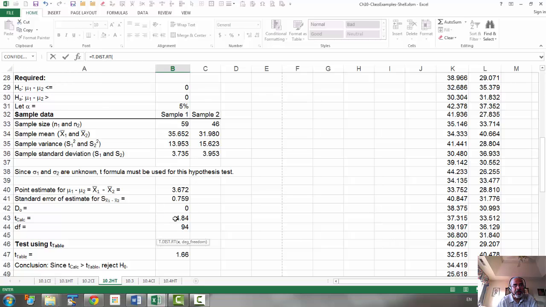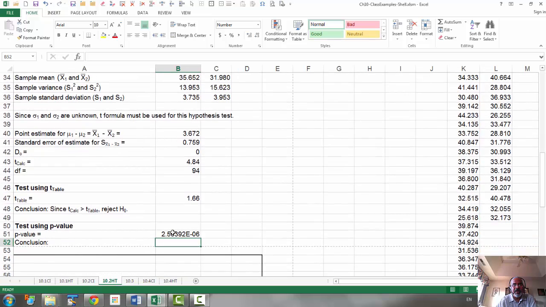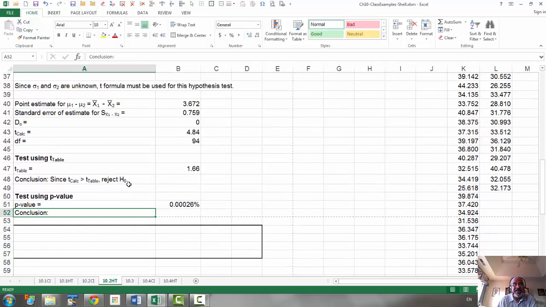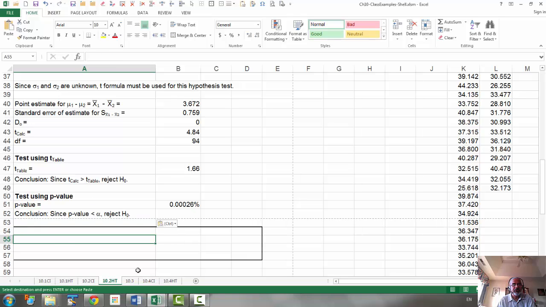We give the T calc value first, and then the degrees of freedom. And this will give us the p-value. Convert that into a percentage. It is a very small number. Since the p-value is less than alpha of 5%, we reject the null hypothesis. Same conclusion as in the case of the T-table approach.